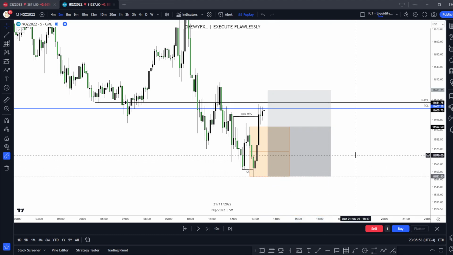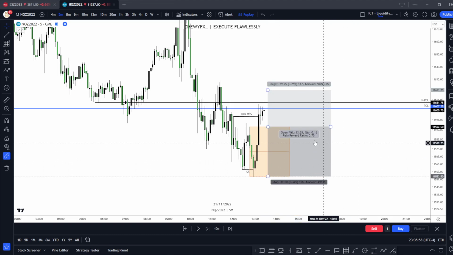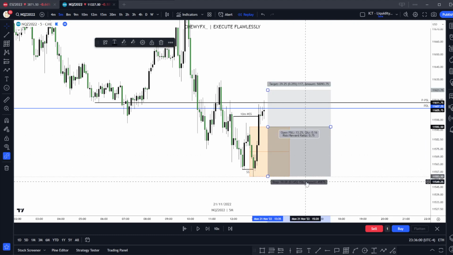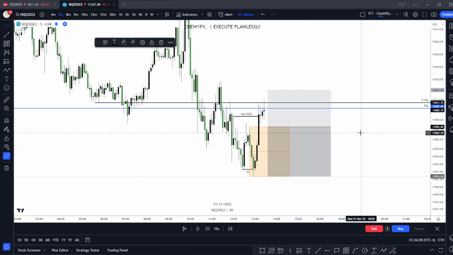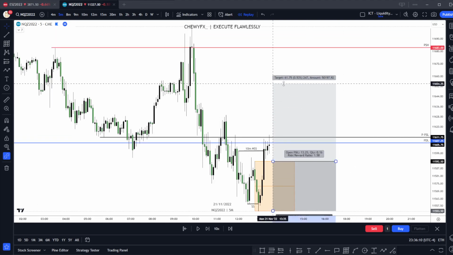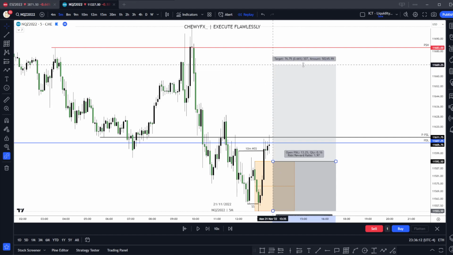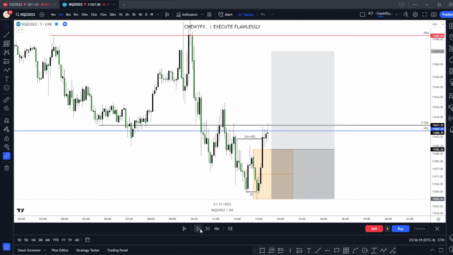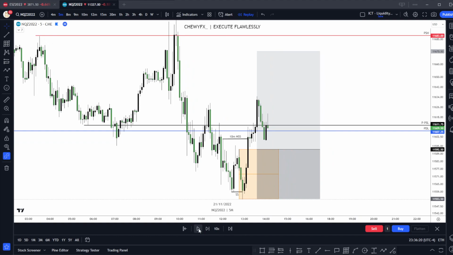Let's see. So on NASDAQ specifically, if the stop loss is above 100 ticks, but not above 200 ticks, we can take this for a 2R rather than a 3R, just to be safe. So let's see what happens.